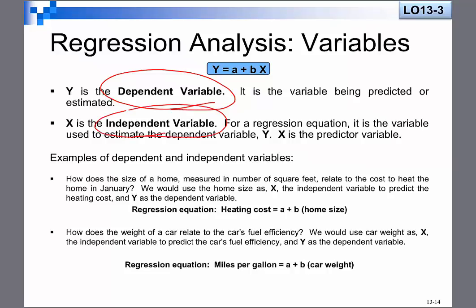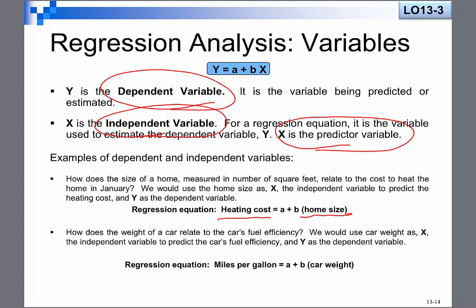It does not change based on what happens to Y. Y changes based on the movement of X. X is the predictor variable, meaning as X goes up by 1, it's going to predict something about Y. If we were replacing these variables with actual words, we could say there is a relationship between heating cost and home size, and home size determines how much your heating costs are.